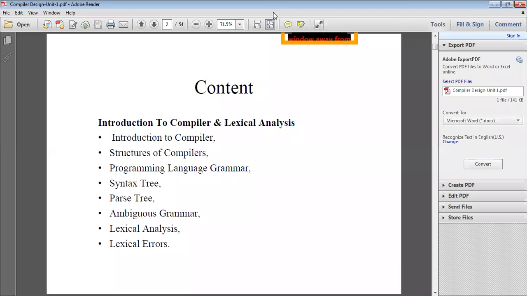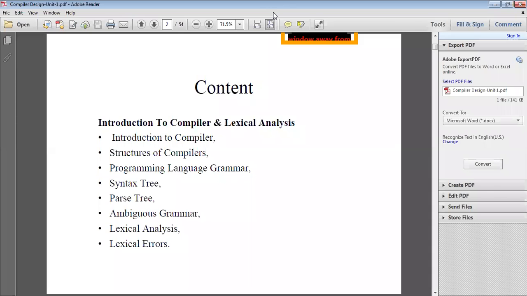Here we are not going to tell what is the first language and what is the second language, just what the different translators are. So we can define it easily: the translators are nothing but the system softwares which convert one language into another. So compilers and assemblers come under the category of the translators.